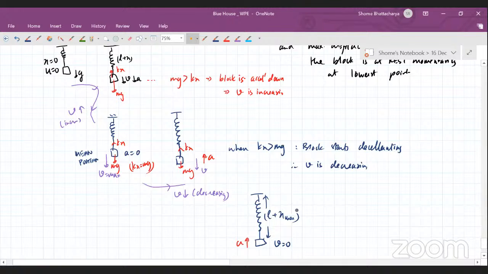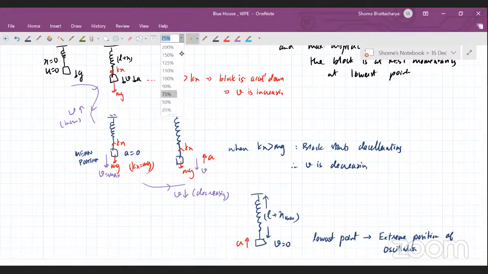Okay, so this is the lowest point, or it is the extreme position of the oscillation. Okay, and from there the block will continue upwards.